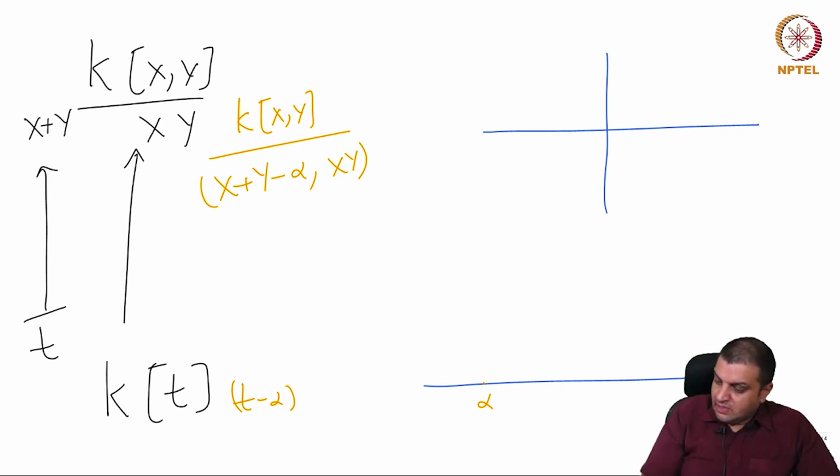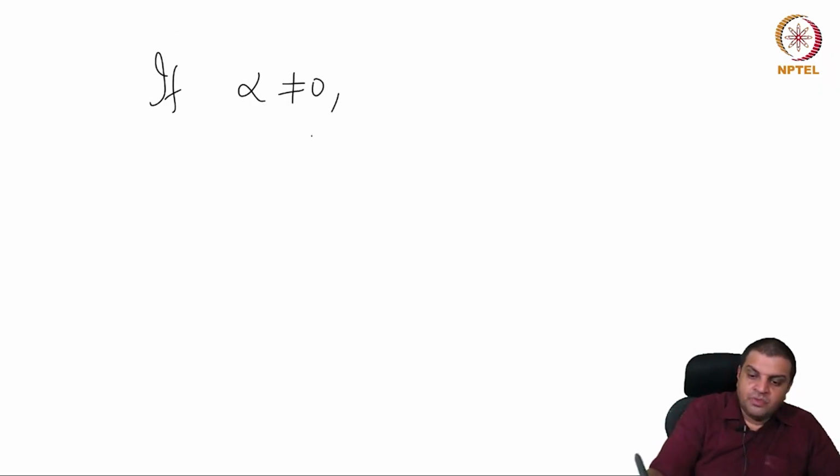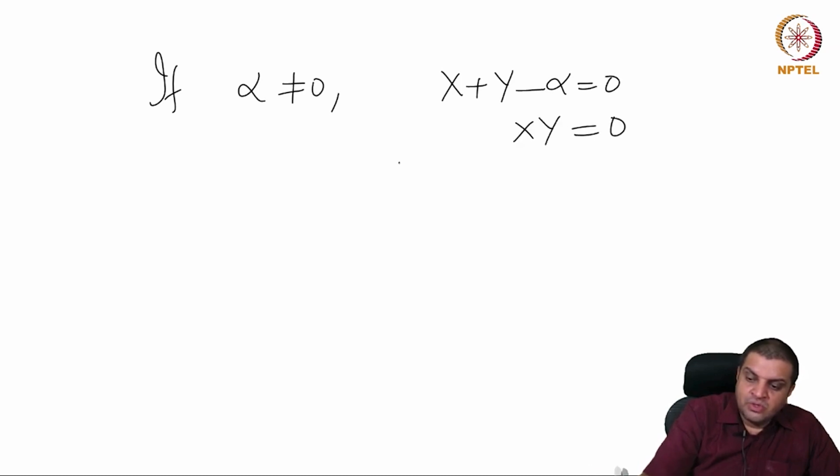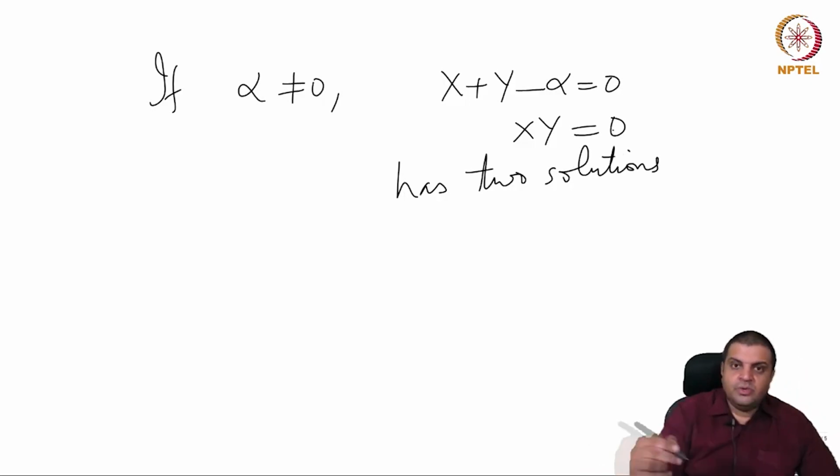So let's do that. If alpha is not equal to 0, the equations x plus y minus alpha equals 0, xy equals 0 has two solutions. You can work that out.